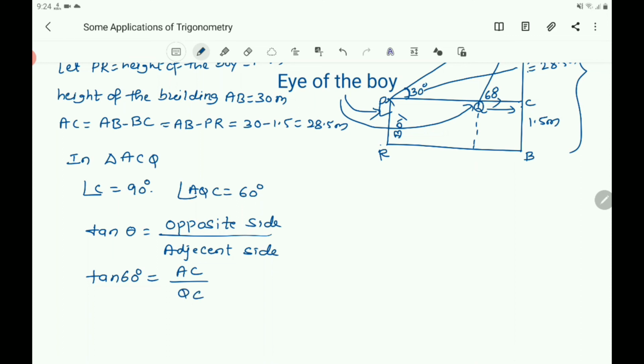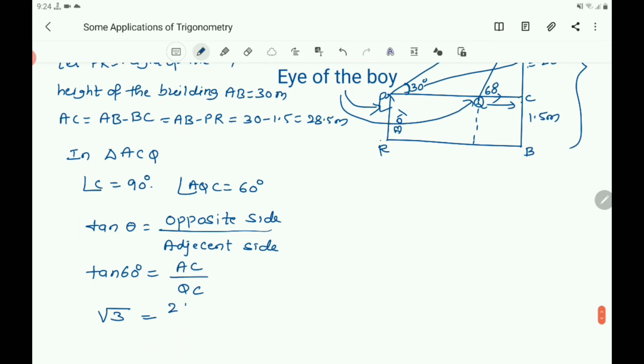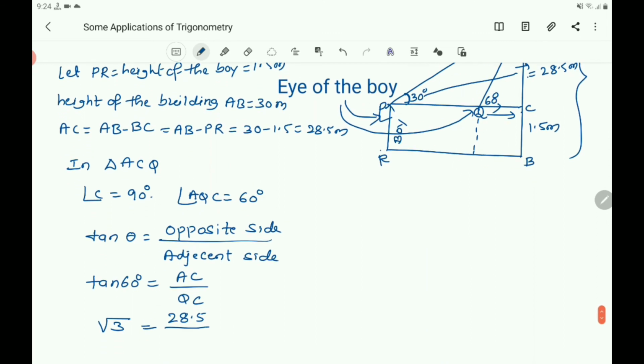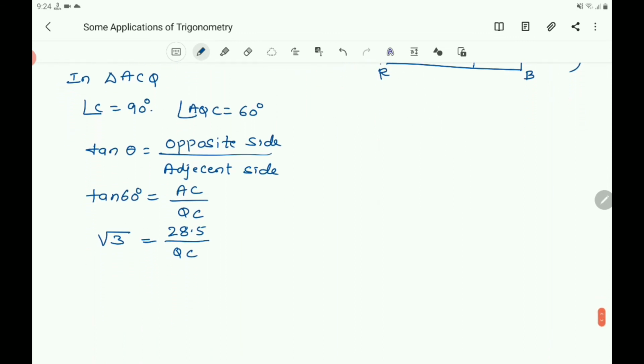So tan 60 degree, that you know, is root 3. AC is known, that is 28.5, by QC. QC is to be found out, so you write QC only.